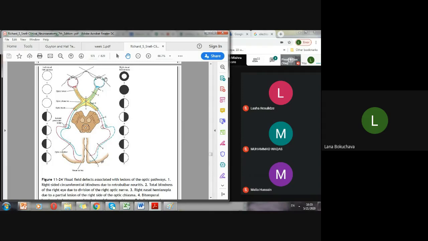So this means that the opposite part of the visual field, so this is the right eye, in this case it is more the left region, so the medial or nasal visual field will surely be defective.